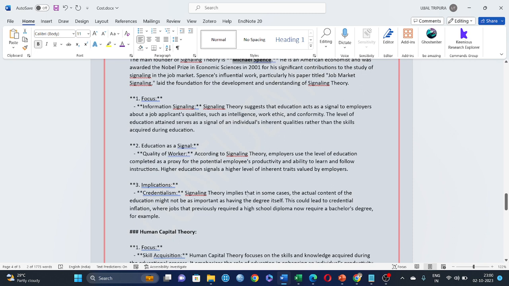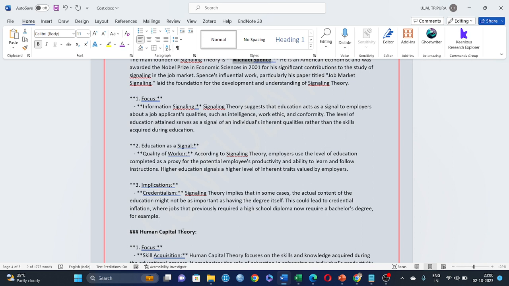Credentialism implies that in some cases the actual content of the education might not be as important as having the degree itself. This could lead to credential inflation, where jobs that previously required a high school diploma now require a bachelor's degree, for example. The actual content of that education might not be important.